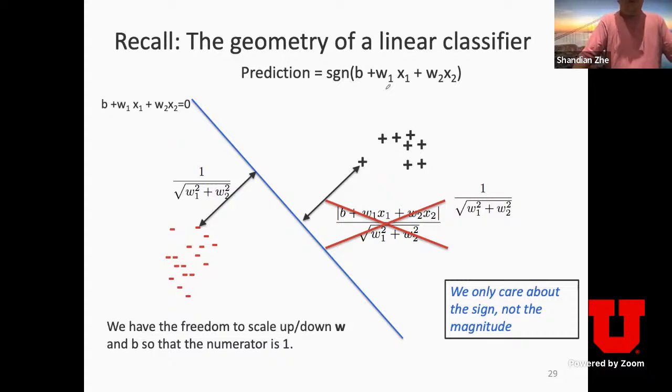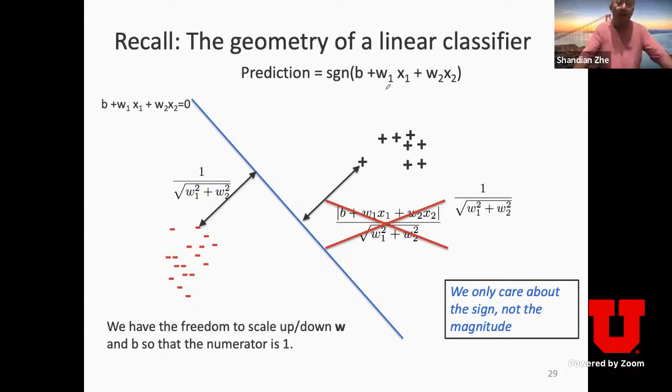We can multiply B, W1, W2 here by 0.1, by 0.01, or by 10,000, by 1 million, by 1 billion. It doesn't change the linear classifier at all. For every example in this instance space, you're going to have the same prediction.